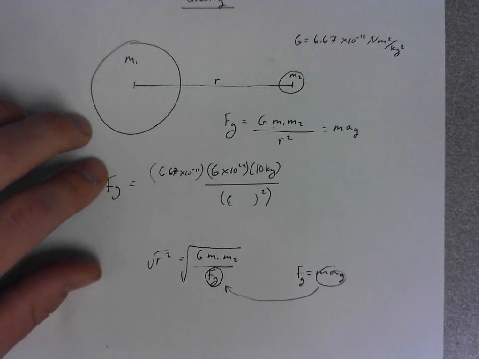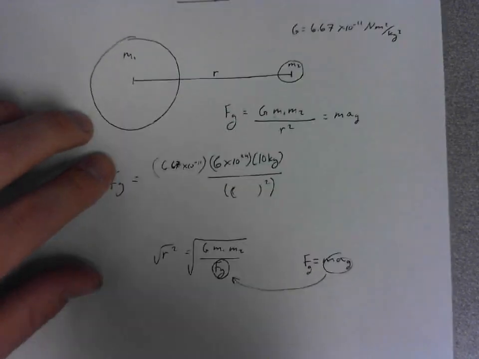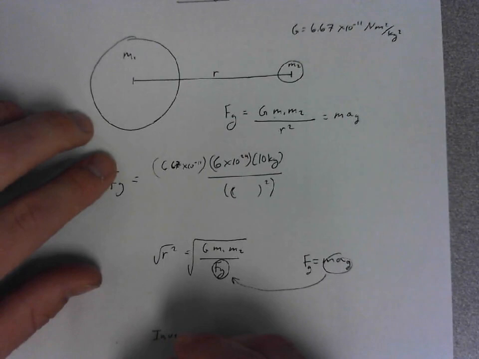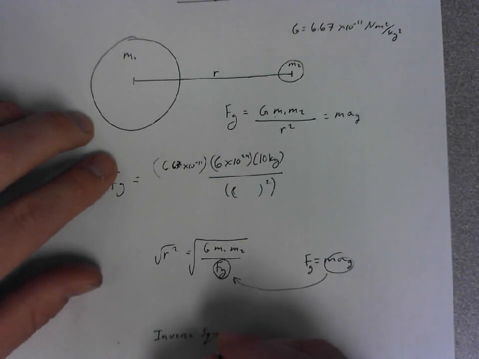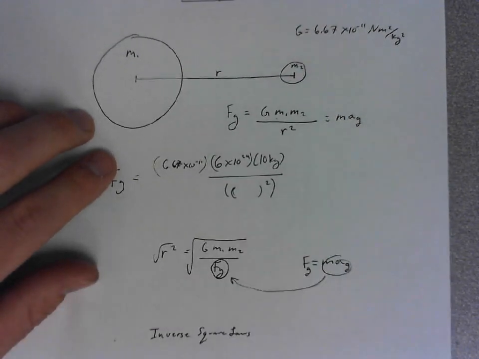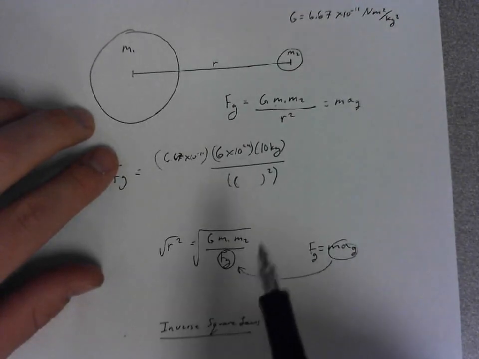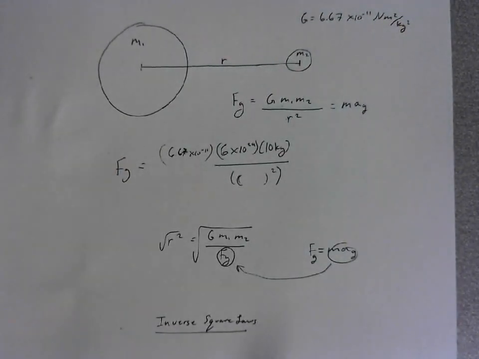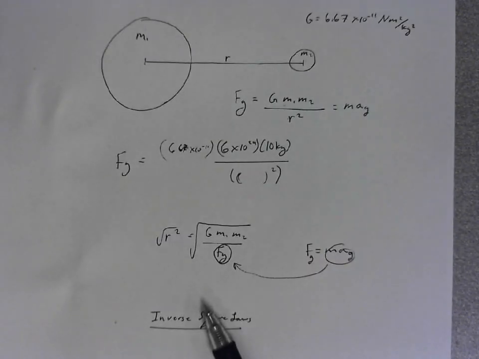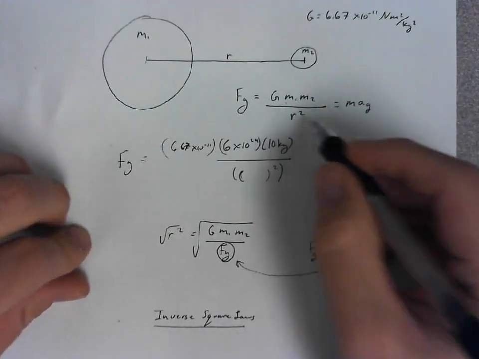The other types of problems that most people struggle with on the test are what we call inverse square laws. An inverse square law is not just about this equation, but about anything that has this 1 over r squared.